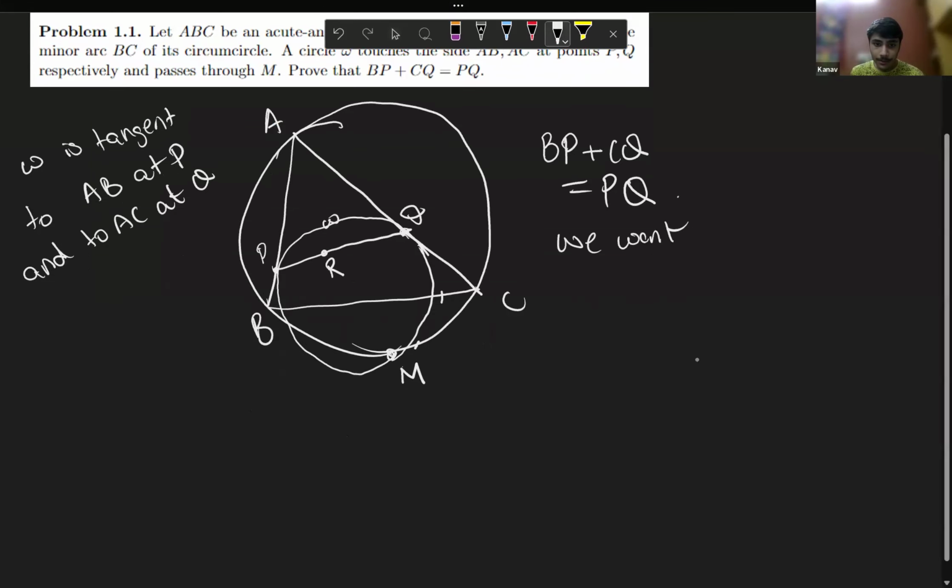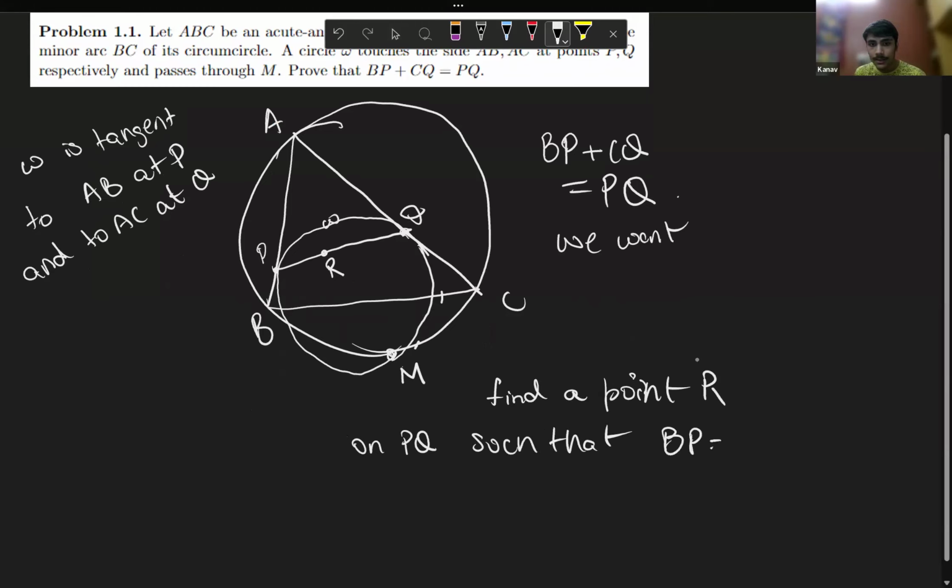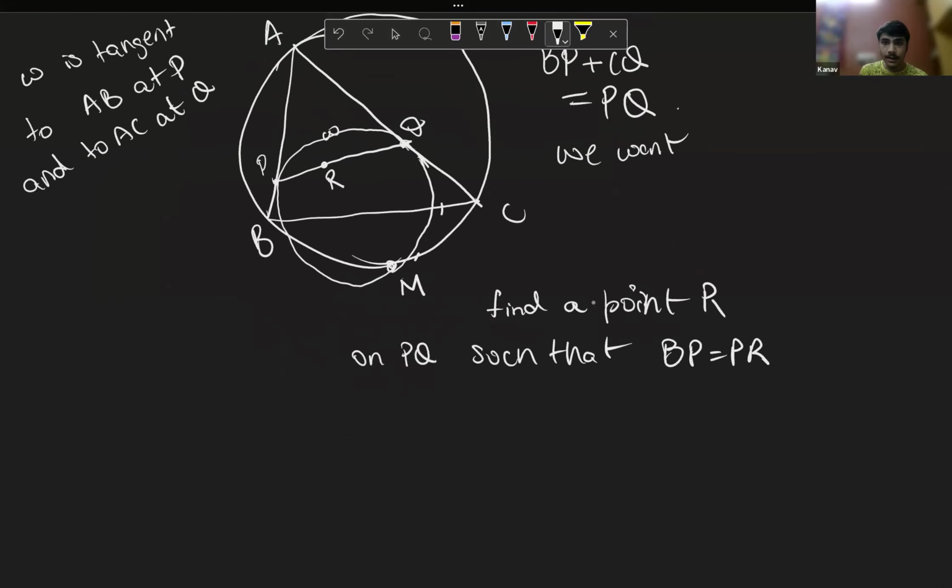So the aim is to find a point R on PQ such that BP is equal to PR. Now if BP is PR, now we want that QR is QC.